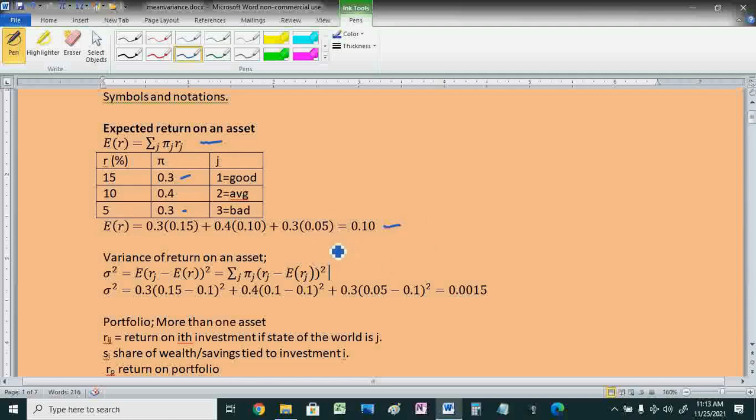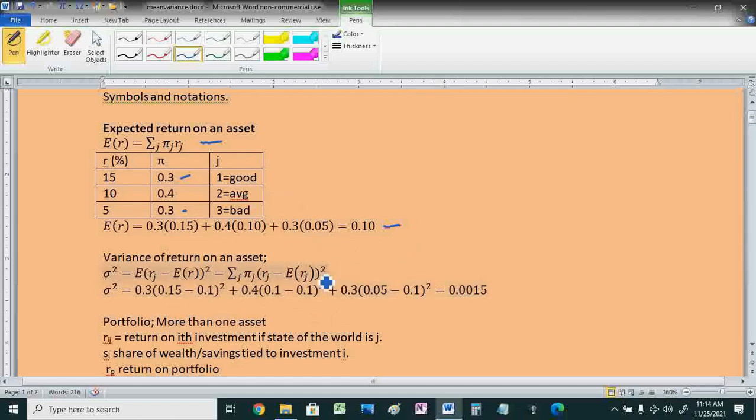Now let's see how we find out the variance of return on this asset. I have written this formula for variance. You may be able to recall this from your previous courses in statistics, and I have used the same to compute the variance of this asset in an example.